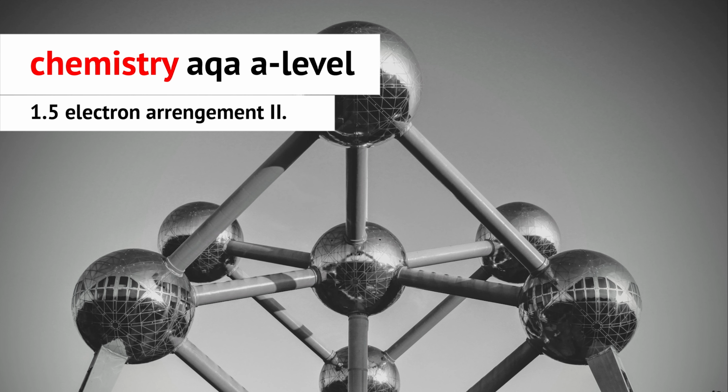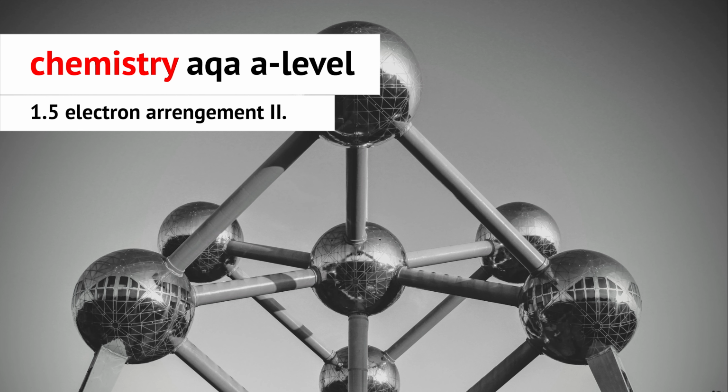Krypton with 36 electrons is 1s2, 2s2, 2p6, 3s2, 3p6, 3d10, 4s2, 4p6. Sometimes it simplifies things to use the previous noble gas symbol.